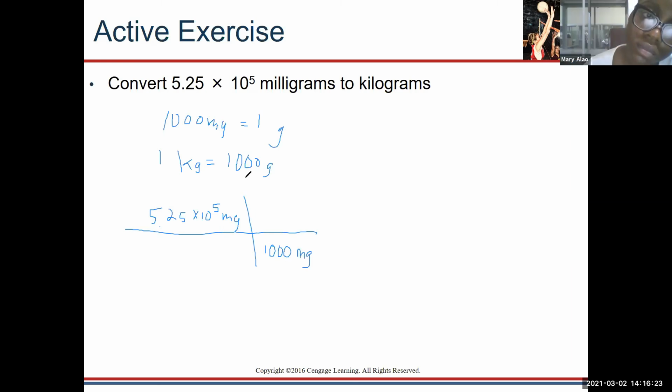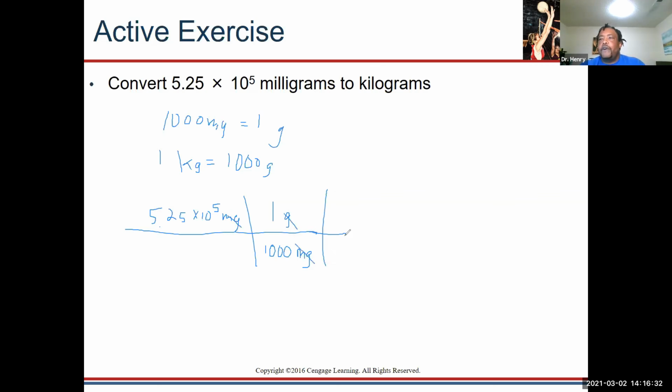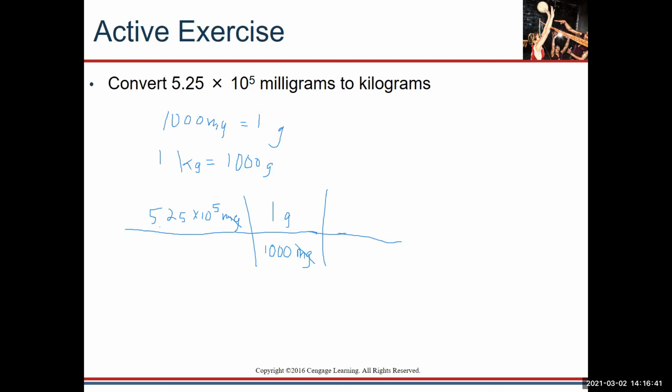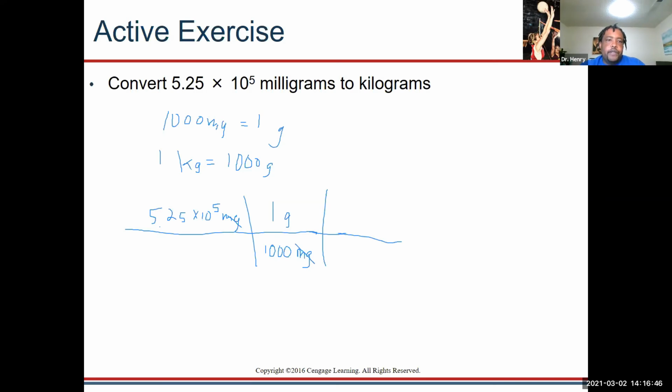And then I put my 1 gram on top. So that gets rid of milligrams. Oops, getting ahead of myself. If I want to get rid of grams and change it to kilograms, am I going to put grams on the bottom or on the top? Grams at the bottom. So I'm going to put my 1,000 grams on the bottom, and then my 1 kilogram on top.